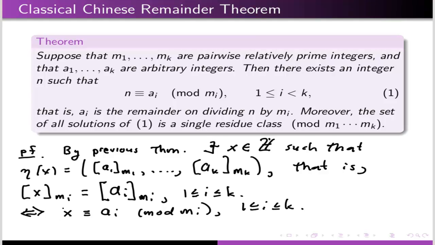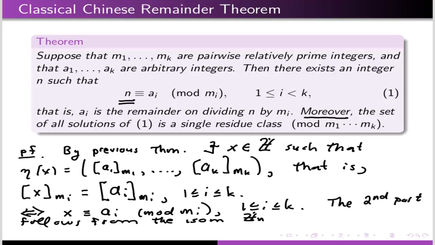Okay, so x is playing the role of the value n that we were looking for in the theorem, and then the fact that this is an isomorphism tells us there is exactly one value of x mod m that satisfies this solution. So this moreover part, the second part of the theorem, follows from the isomorphism.